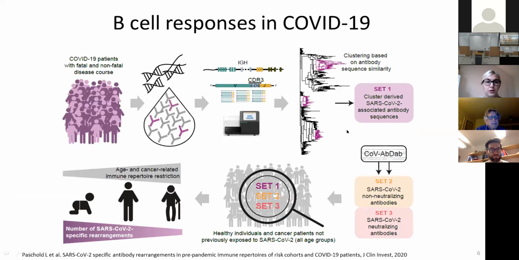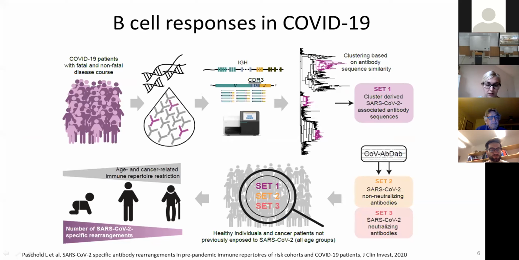We wanted to look closer into this very unique response, and this time we wanted to identify protective PCR sequences. So we divided our cohort according to disease severity into fatal and non-fatal, and constructed a tree similar to the one before.